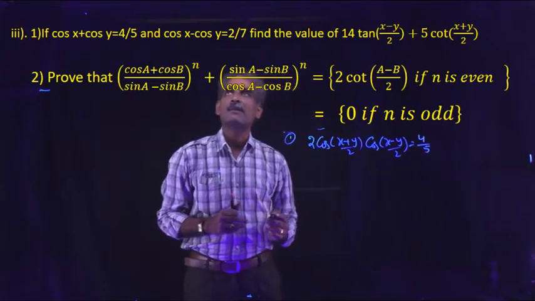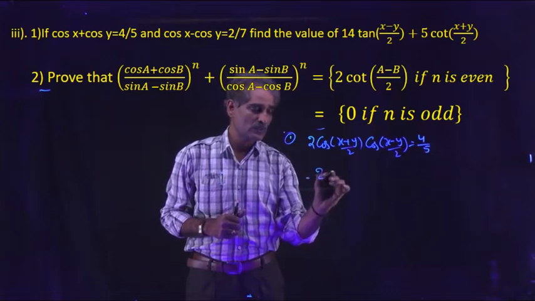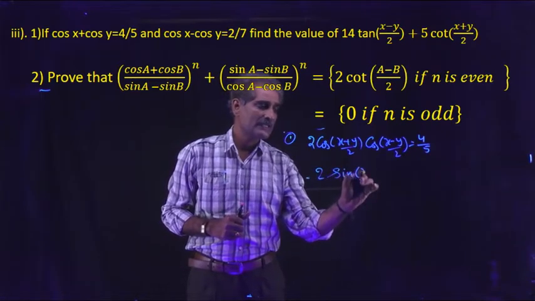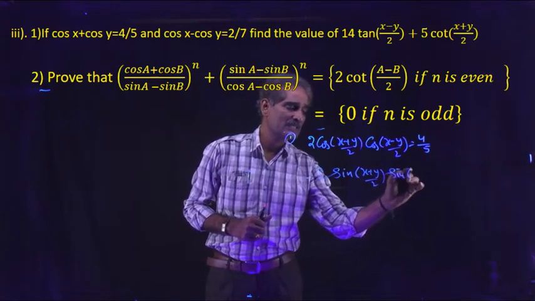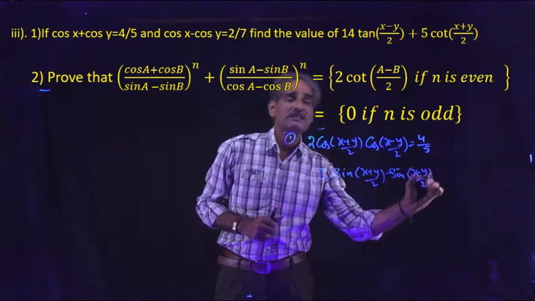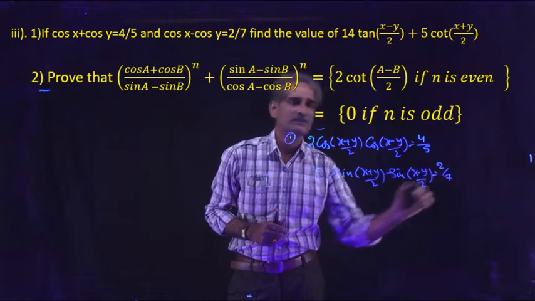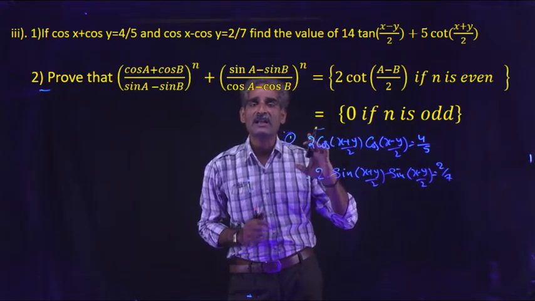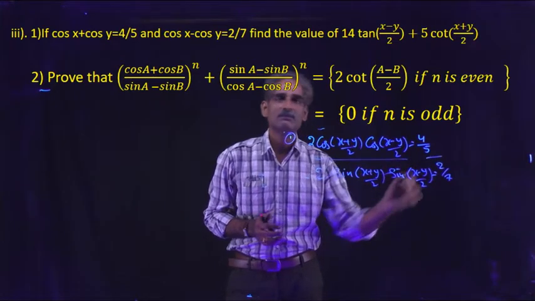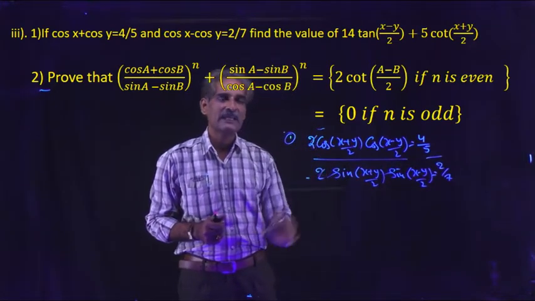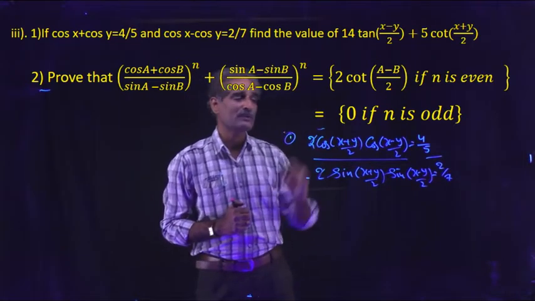Next, apply the transformation for the second one: cos x - cos y = -2 sin((x+y)/2) sin((x-y)/2) = 2/7. In the required expression there are tan and cot functions. Simply divide these two so that terms get cancelled.